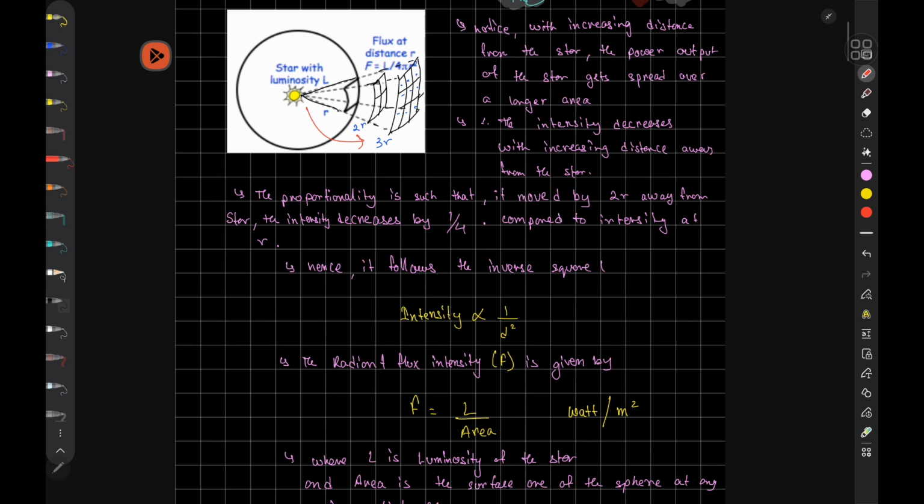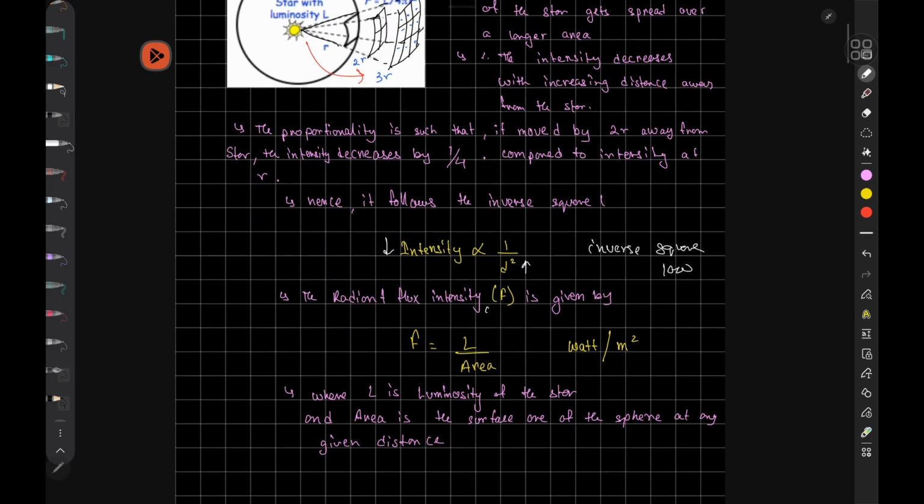Beautiful. So what is one thing we have established? That the intensity follows this proportionality, where the intensity is inversely proportional to the square of the separation. If separation increases, what happens to my dear intensity? Decreases. Separation increases, intensity decreases with respect to the inverse square law.